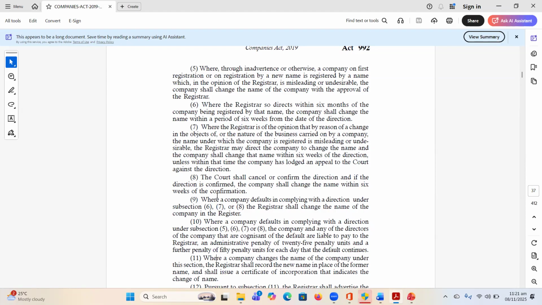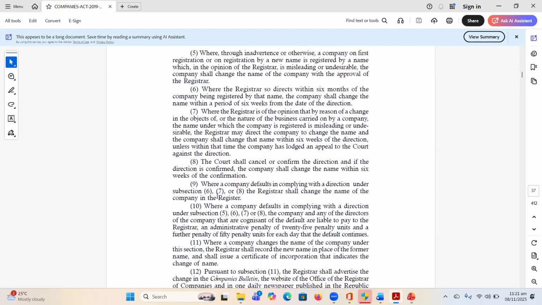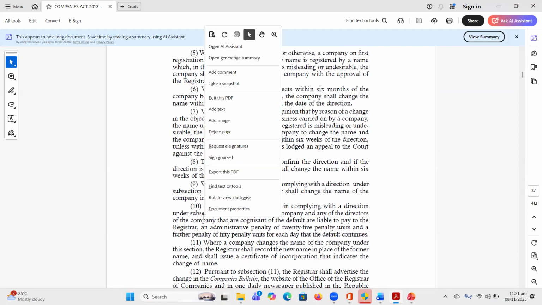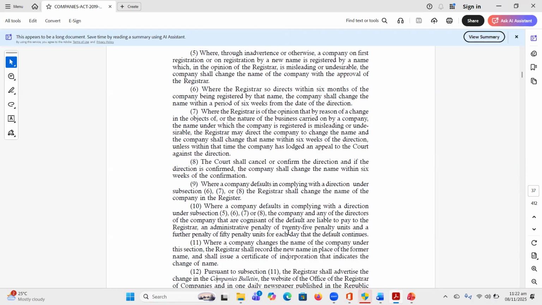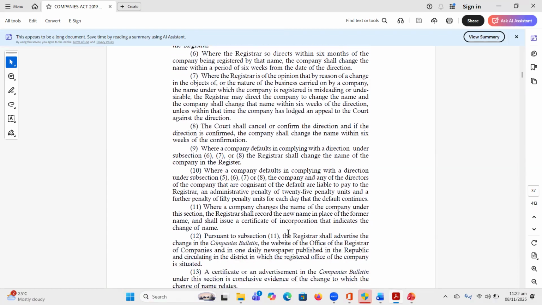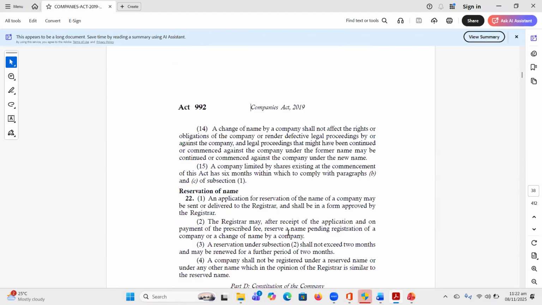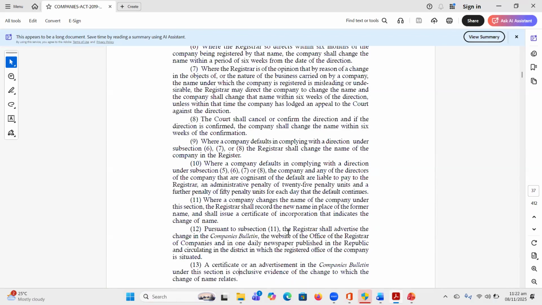So where the change has actually occurred, the company is supposed to record the new name in its processes, and a new certificate of incorporation, which indicates the change of name, will have to be issued so that the new name will appear on the certificate of incorporation. And now the Registrar of Companies is also supposed to have its special equivalent of a gazette called the Companies Bulletin.